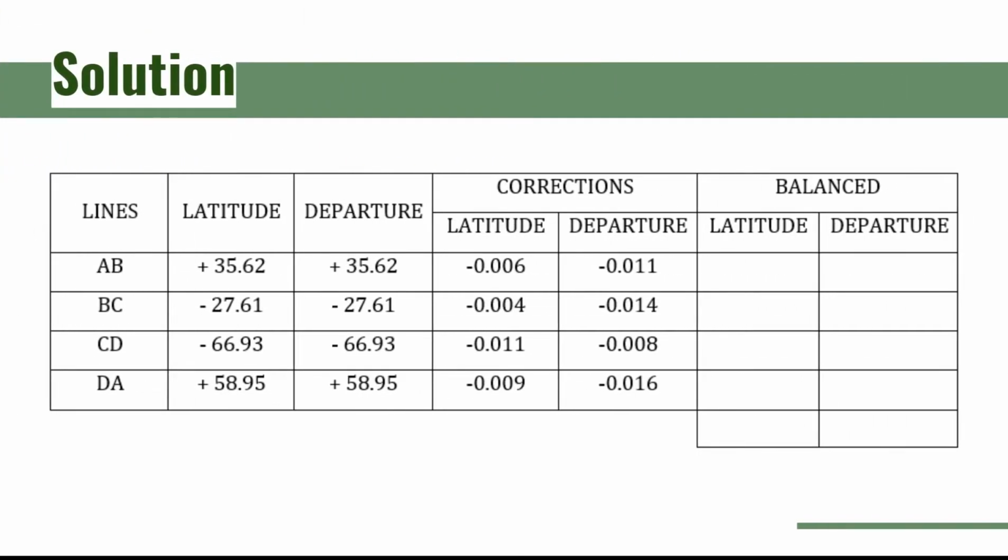So we now already computed the corrections of each line of the latitude and departure. Now we are going to compute the new value of the latitude and departure. We should always remember that when the error is positive, the correction will be negative and vice versa.